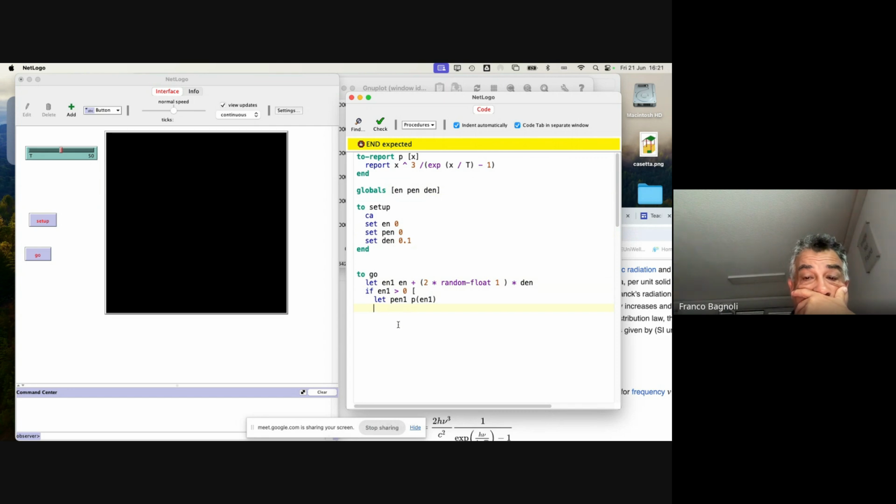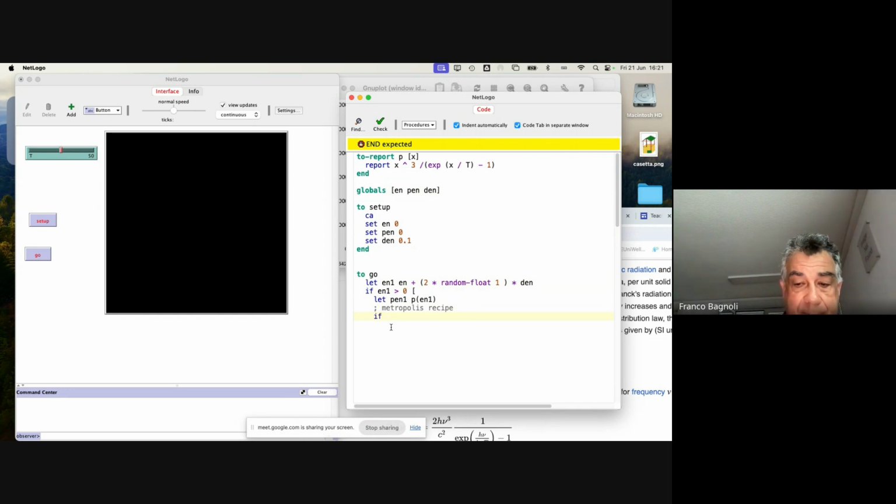In order to do this, we use a Metropolis recipe. It says that if this is greater, we always accept.